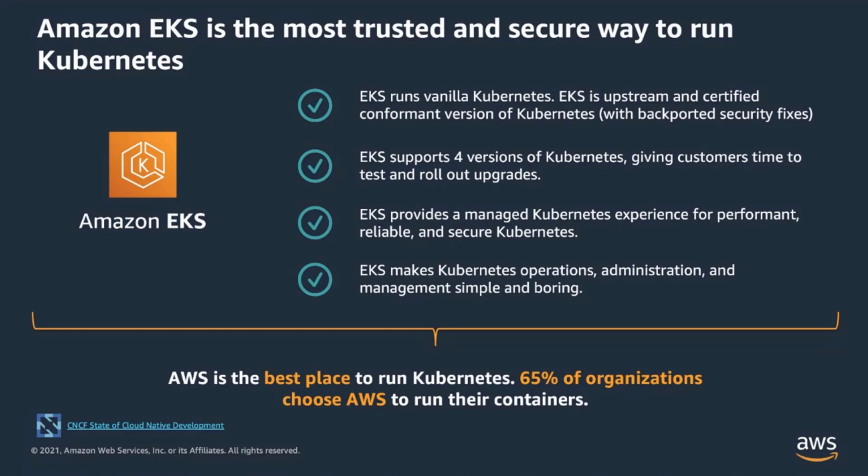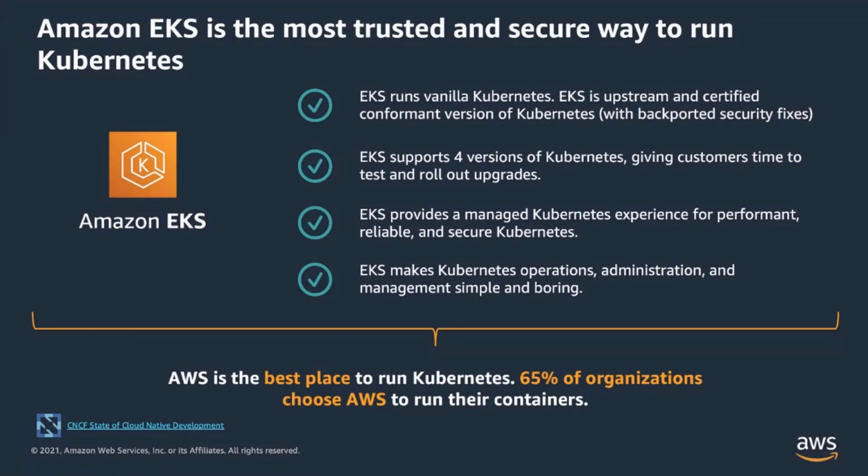We support up to 4 versions of Kubernetes, which gives our customers sufficient time to roll out upgrades. And as part of this support, we even backport patches, fixes, and upgrades to Kubernetes versions, even the ones that the community may not currently support. And our goal is to provide a managed Kubernetes experience where we do all of the work to select the right version of Kubernetes, validate dependencies, and provide the security, stability, and operational excellence that our customers rely on AWS to deliver.